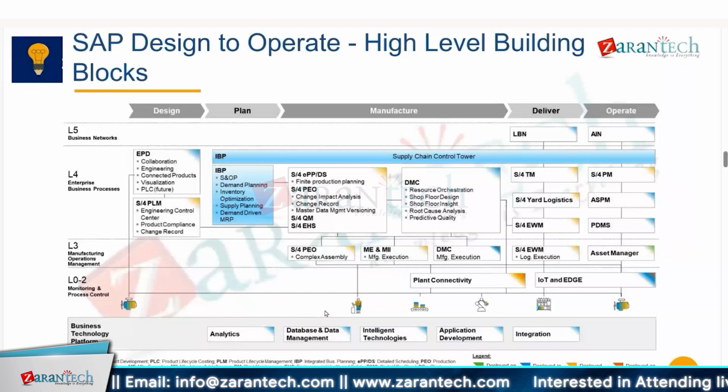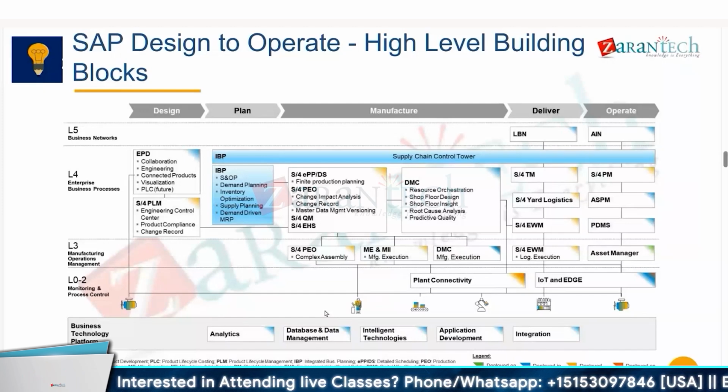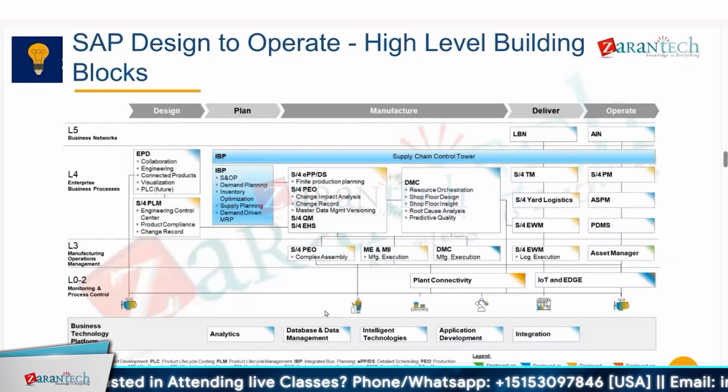So IBP can provide you a flexible solution or a tool called EPD. Within this EPD, you can do the collaboration, you can do the engineering drawing studies, you can get the products connected, you can visualize the product, and so forth.